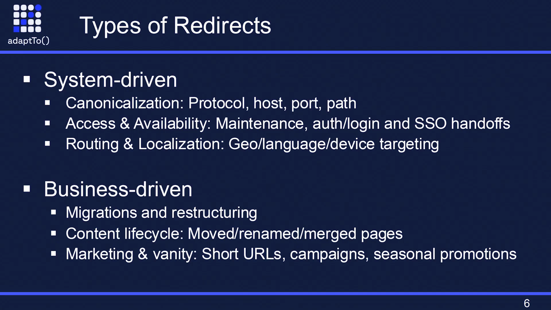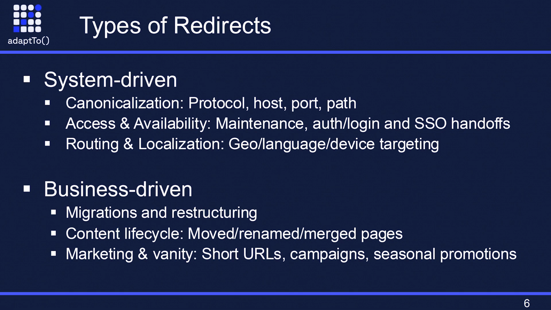We have access and availability, such as maintenance windows, login flows, and SSO handoffs, and then the routing and localization redirects, where you want to send users to the right region, language, or the proper device experience.